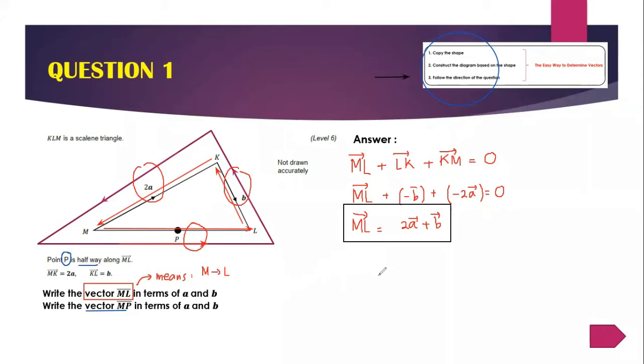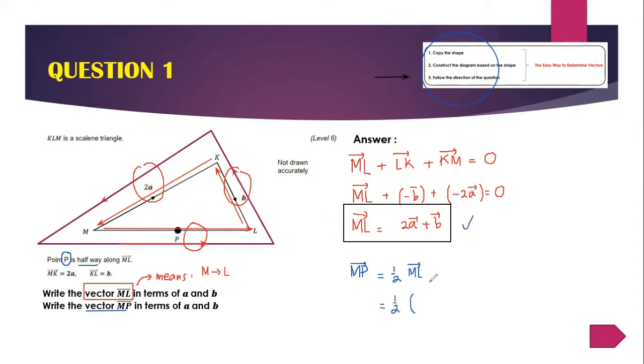So I think that's very clear. Factor MP is a half ML. Right? So MP equals a half times factor ML.